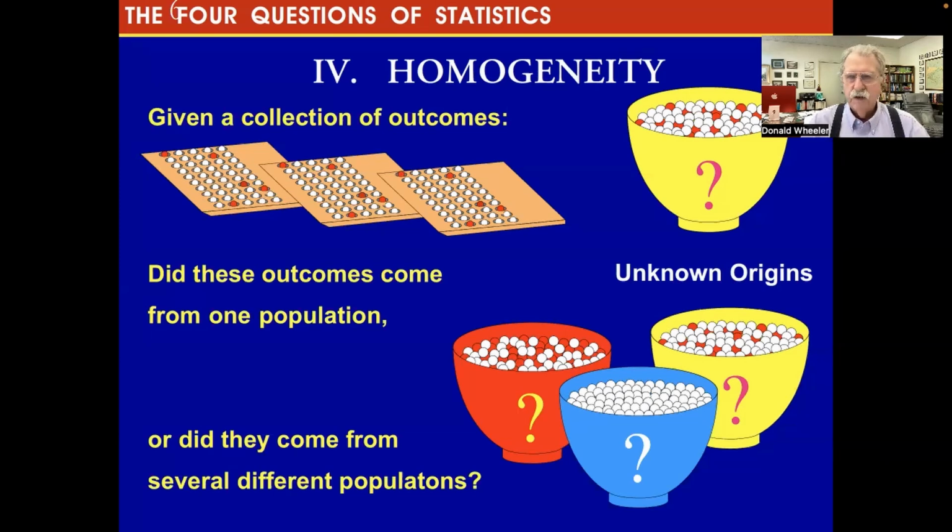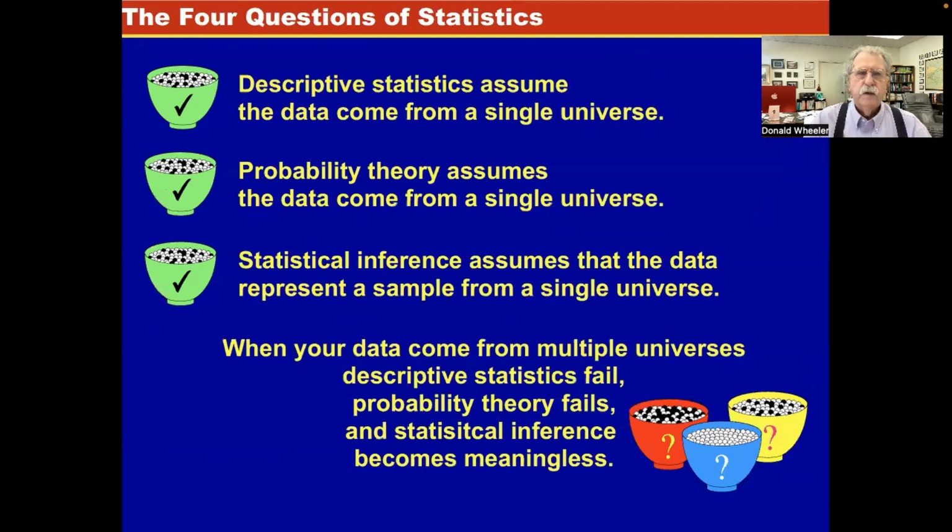And this is what we've been talking about and will be talking about throughout this class. You see, descriptive statistics assume that data come from a single universe. Probability theory assumes the data come from a single universe. Statistical inference assumes the data represent a sample from a single universe.